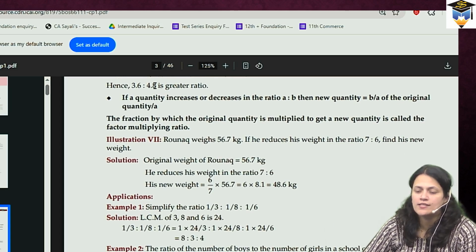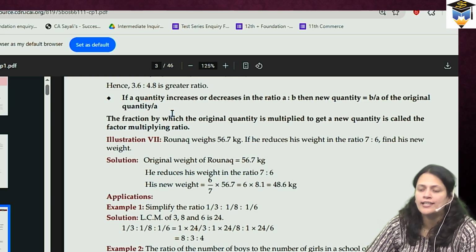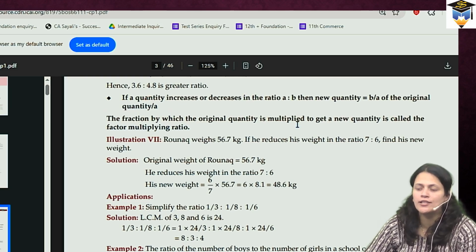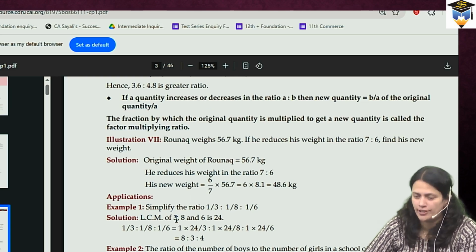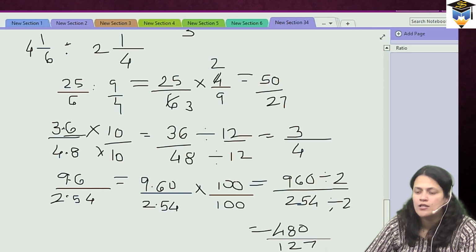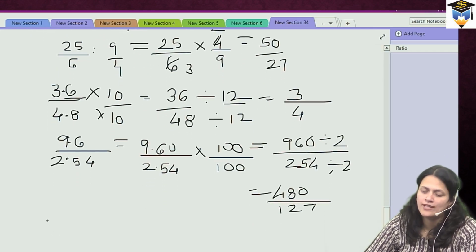Now the next property of ratio is that if a quantity increases or decreases in the ratio A is to B, then the new quantity is nothing but B by A of the original quantity. Let me explain this with the help of an example. Suppose we have a ratio 22 upon 7.